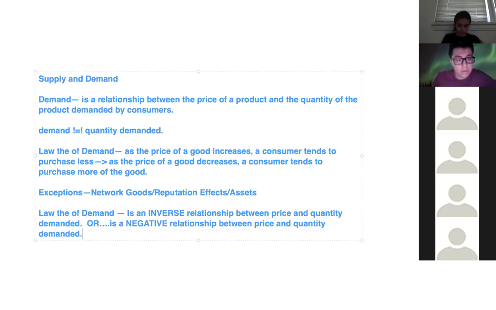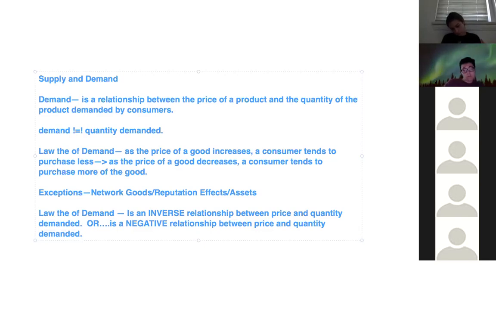So inverse just means as one thing goes up, the other thing goes down, and vice versa. And that's also what a negative relationship means. Negative relationship is a little bit more clear that if the change in one of the things, like price, increasing, is a positive change, right? But I know if I multiply a positive by a negative, I'll get a negative number.